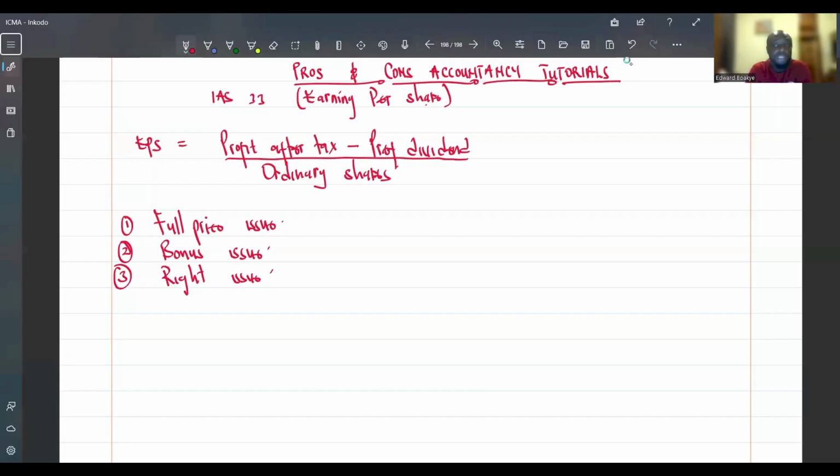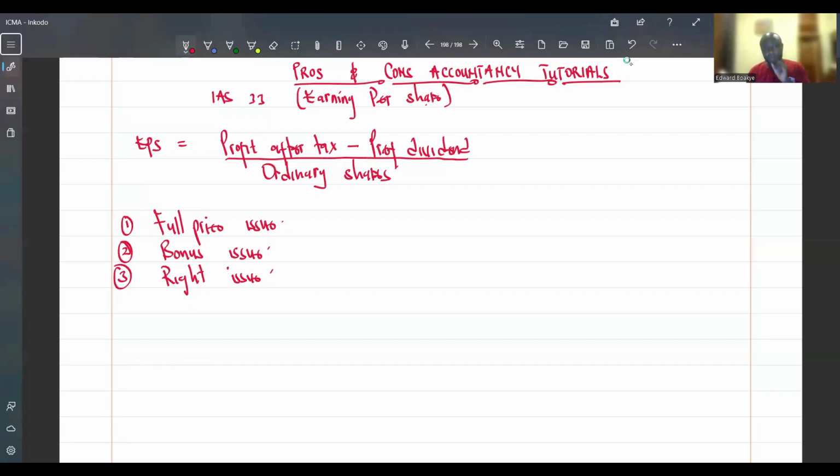They are the people that we are issuing these shares to. We are issuing it to them at a lower price than the market price. When we talk about a bonus, we are not getting anything at all. For full price, we are getting our full money. But for the rights issue, we are issuing at a lower price. So that is the idea for a rights issue as well.